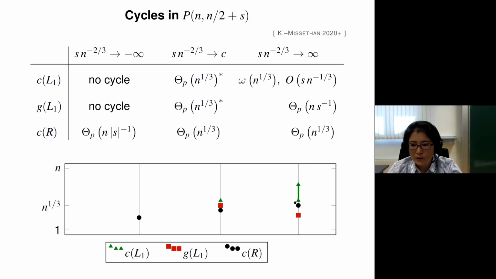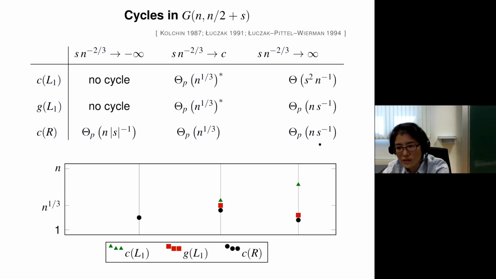We know lower and upper bounds, but we don't yet know the right answer. On the other hand, the girth of the largest component is much, much smaller than the circumference of the fragment. Just to give you a flavor, in comparison to Erdős–Rényi, there we had the same order, n over s.